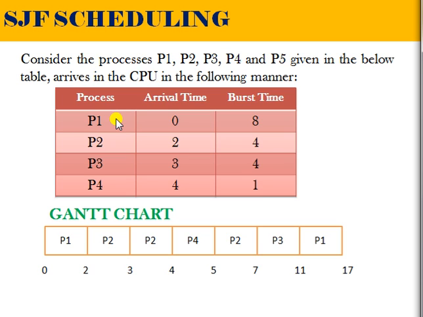At unit 2 we have two processes, P1 and P2. Which one is shorter? P2. So now the CPU takes P2 for execution.